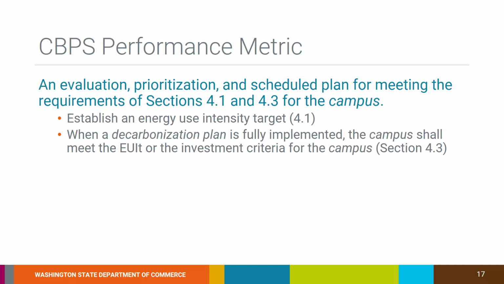The investment criteria for an entire campus would require a level 2 energy audit on all tier 1 buildings and implementation of all energy efficiency measures at the building level deemed to be cost effective in accordance with the life cycle cost analysis criteria of Annex X of the standard. To be fully transparent, it may be a bigger task to pursue the investment criteria at the campus level, but that is an option.